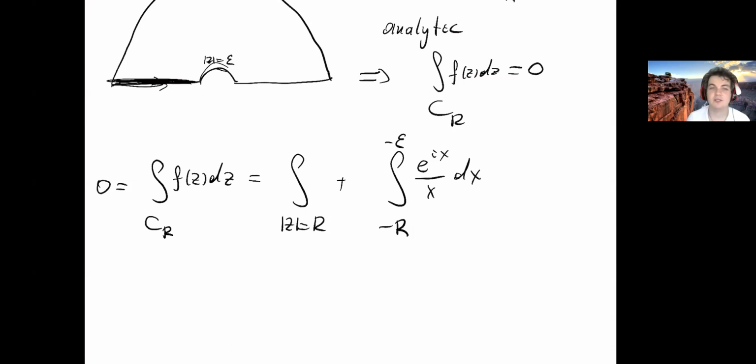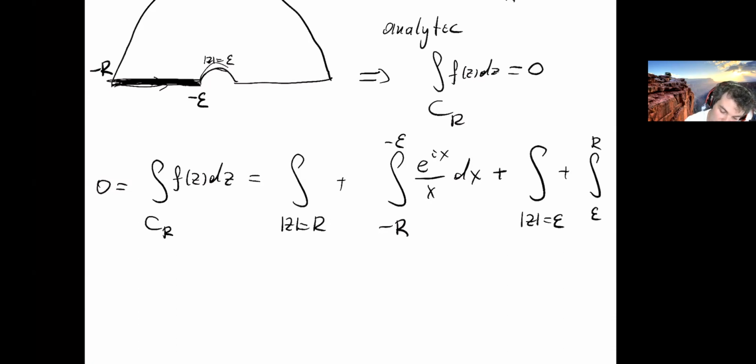So that's the real variable integral, because on this part of my contour, z is actually real. So z goes from minus r to minus epsilon, plus the integral over this part, and plus the integral from epsilon to r.